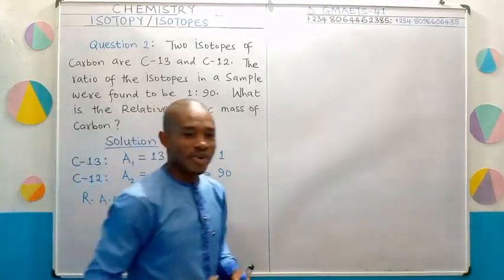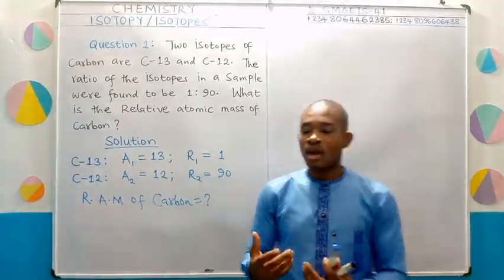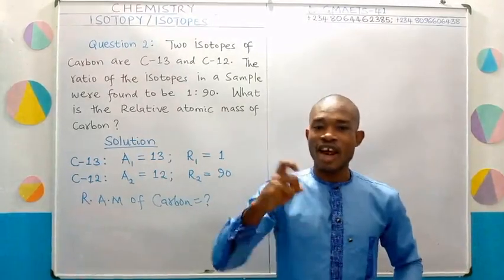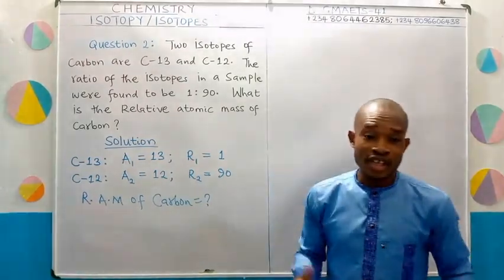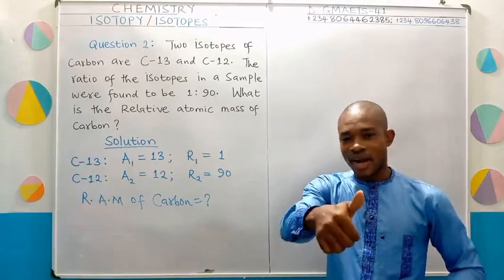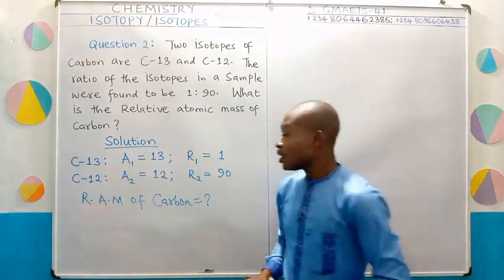So which formula do we need to solve this problem? Like I said, it depends on the information given to us here. If you look at this question, they give us the ratio of the isotopes in the given sample. And therefore, the formula we have to select is which one? That's correct, the formula that contains ratio. Let us do that and see.